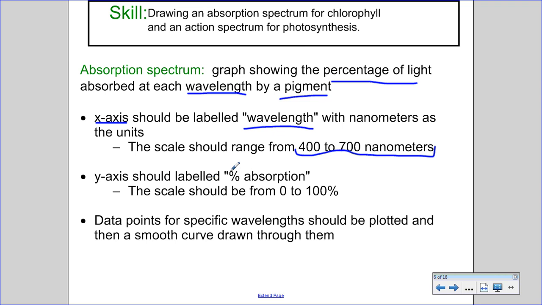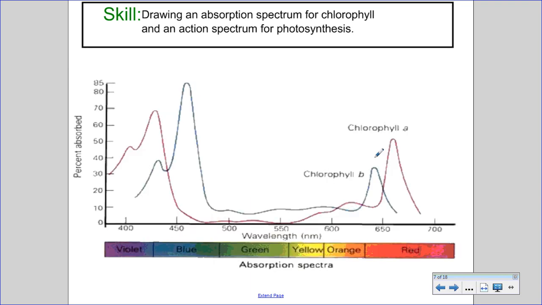The y-axis should be labeled as percent absorption, and because it's percent, the scale should range from 0 to 100. And then data points, if given, for a specific wavelength should be plotted, and then a smooth curve drawn through them.